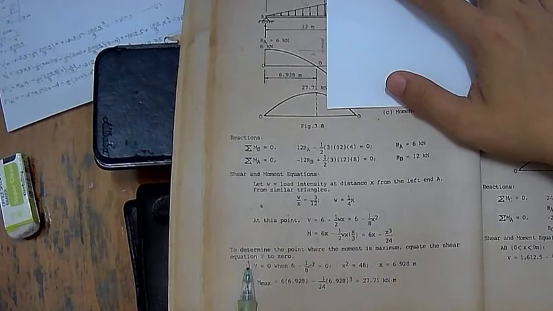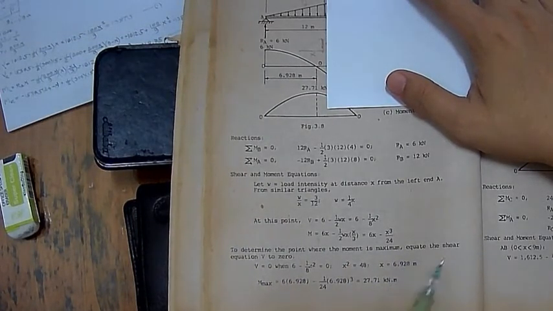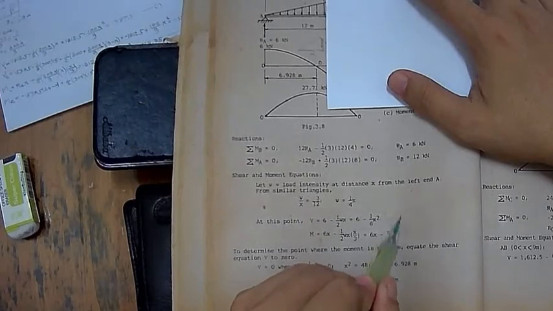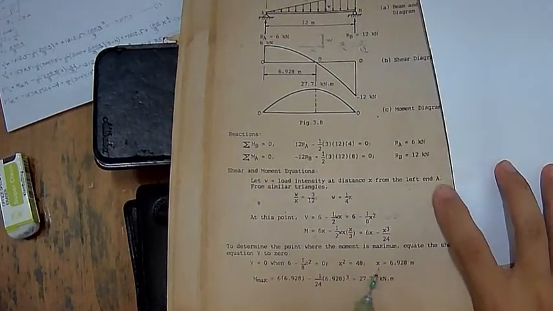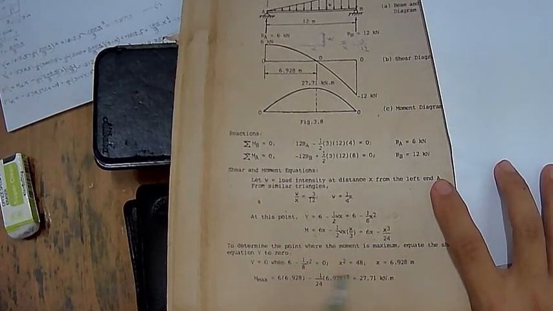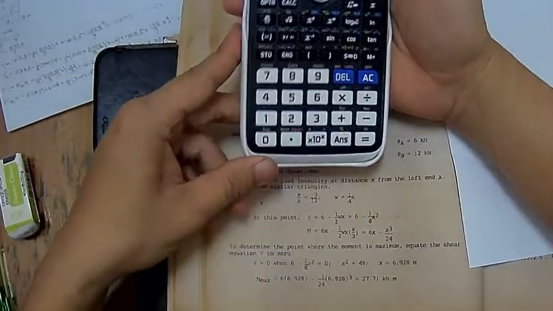Now, to determine the point where the moment is maximum, you equate the shear equation V to 0. Or you simply equate this to 0. And your x would be 6.928. Ngayon, isolve natin ito sa calculator. Okay?